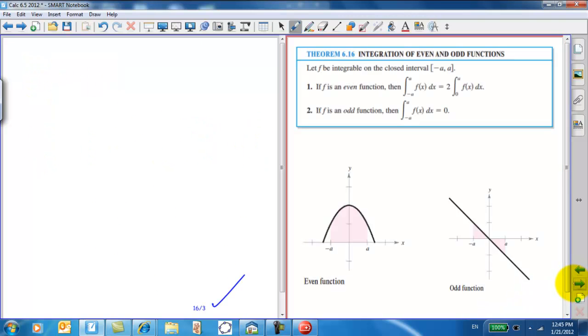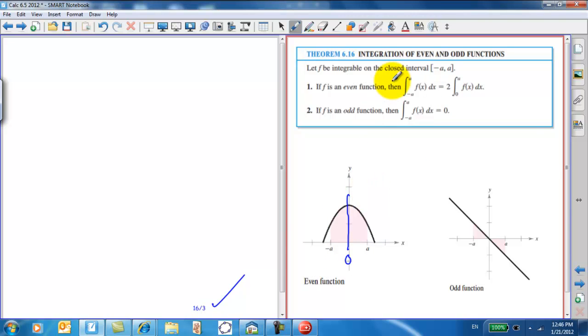So there you go. Our last little tricks here are integration of even and odd functions. If you integrate an even function from -a to a, like down here, notice how because of the even symmetry, you're going to have the same thing on the right half of the y-axis as you do on the left. So it's just like taking the area from 0 to a and doubling it.